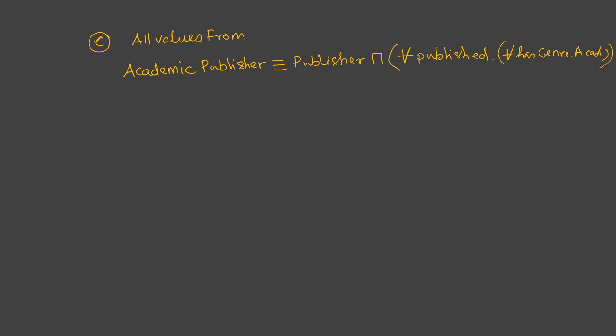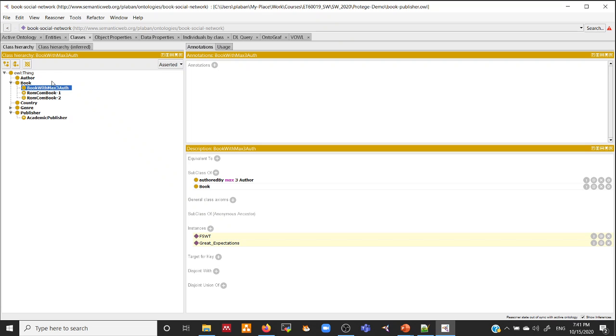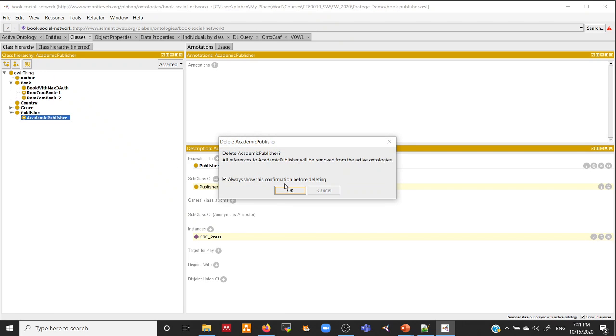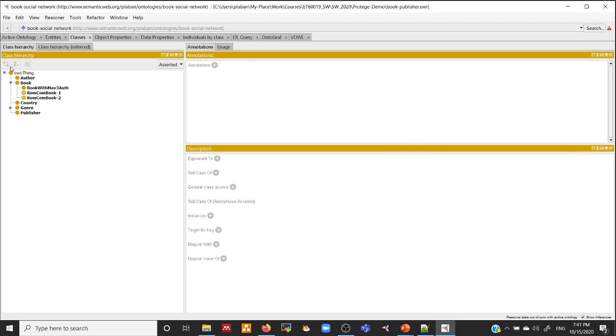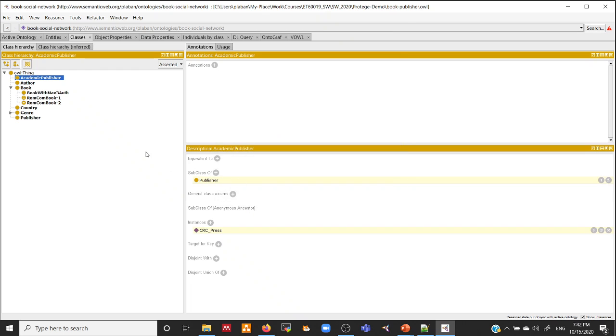Now with this definition, let us move to Protege for our demonstration. First we have to define academic publisher, which we have already defined. So let us remove this first and do it step by step. So let us define academic publisher. We'll be defining this later.